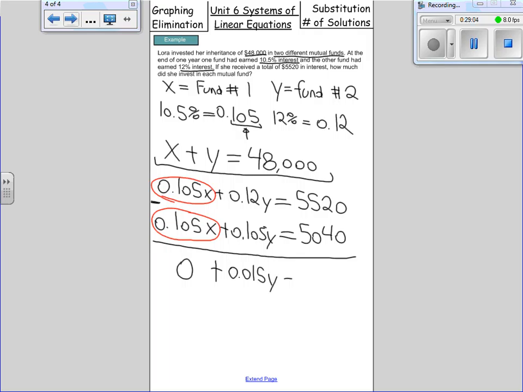So what I did was I took that number, 0.12, and I subtracted that number, 0.105, and I used a calculator to figure it out.